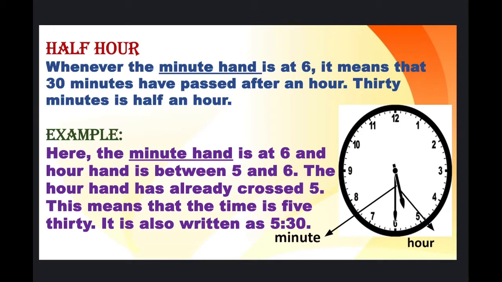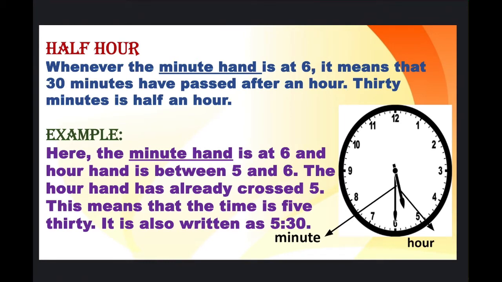Half hour or half past. Whenever the minute hand is at 6, it means that 30 minutes have passed after an hour. 30 minutes is half an hour. For example, in this clock, the minute hand is at 6 and the hour hand is between 5 and 6.